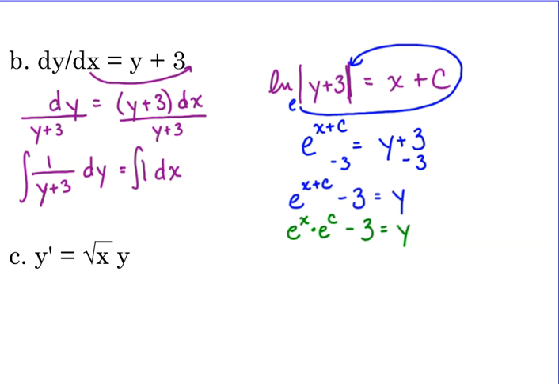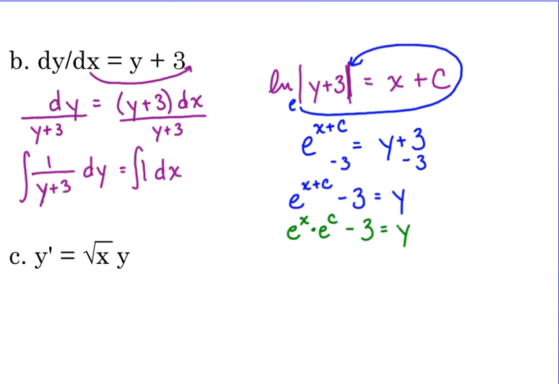When you multiply like bases, you add their exponents. So if we started with the green line, we would combine those two bases of e to end up with the blue line. The reason why we do that is because e is a constant. So e raised to c, c is a constant, that's just another constant.